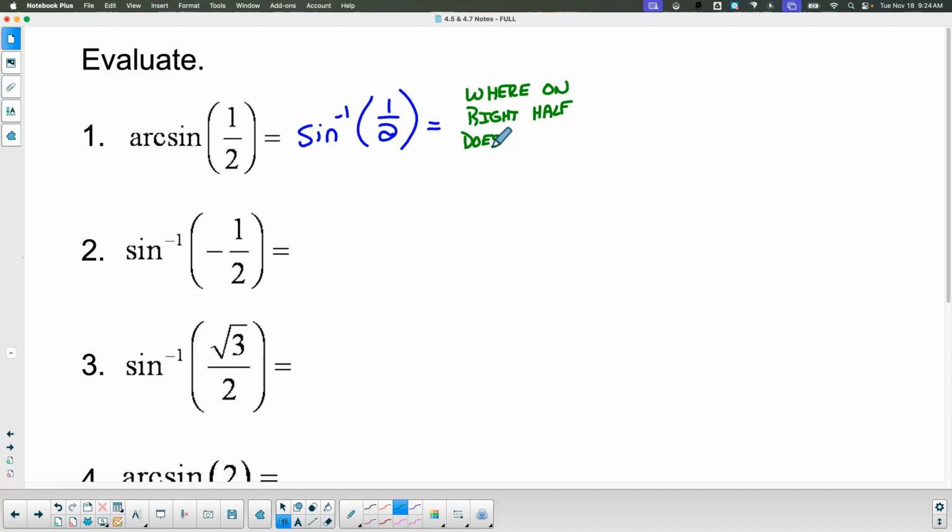It's y. Does y equal 1/2? So I come over here to the right side of the unit circle, and I'm only looking at my y values until I find 1/2, and that happens at pi over 6.